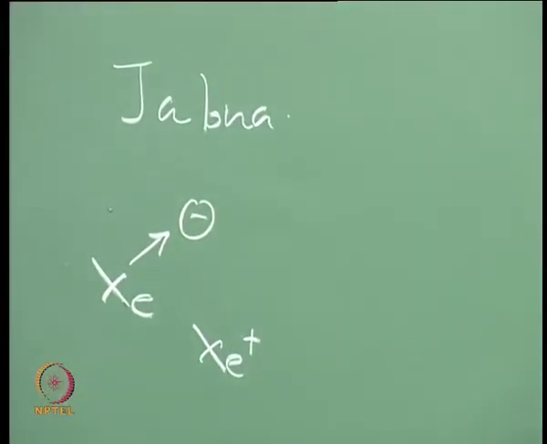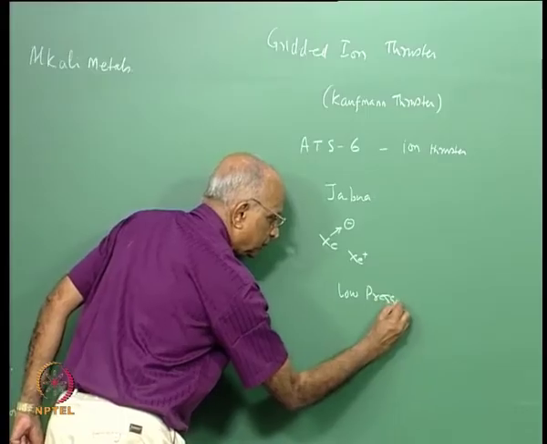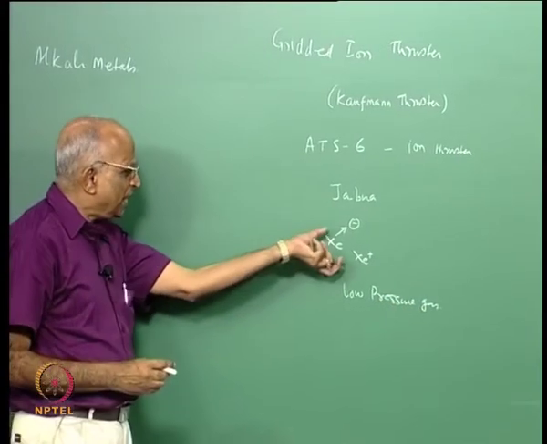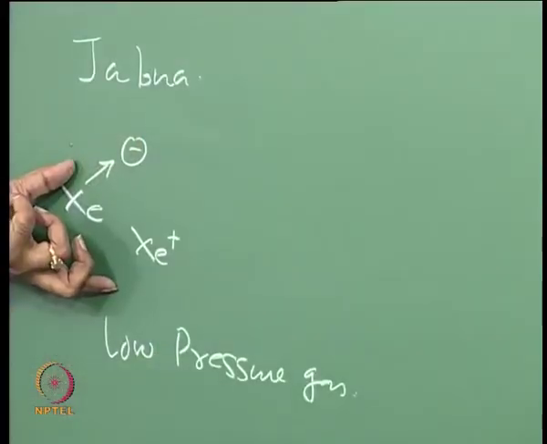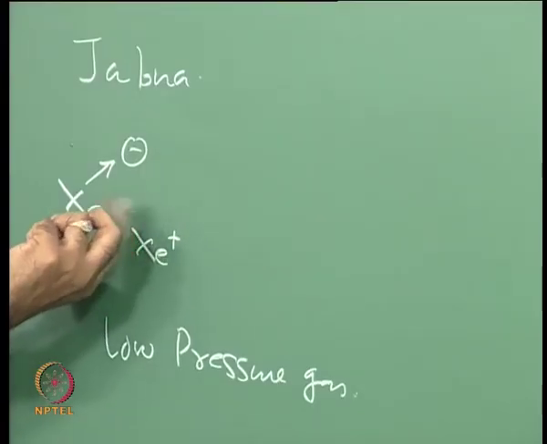I can use something like low pressure xenon, a low pressure gas, and into this low pressure gas, supposing I were to heat the gas. And how do I heat the gas? I sort of oscillate something, like I put radio frequencies in it.